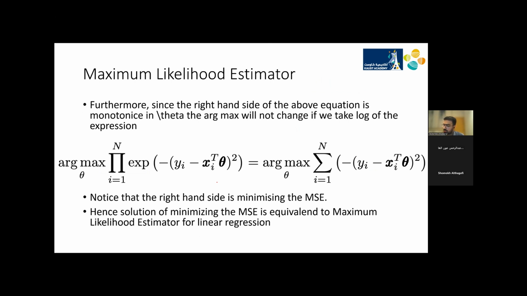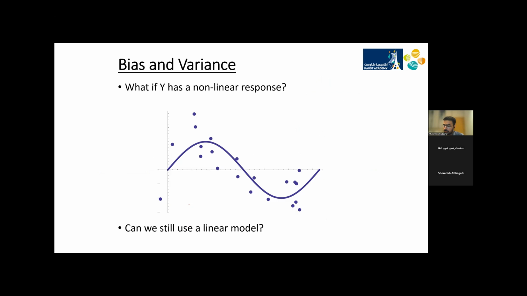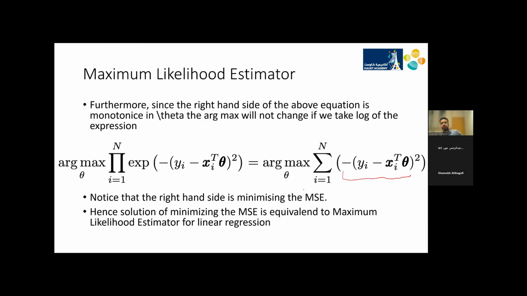And as you might notice, this is just the same as the mean squared error. The whole point of this is that the whole of deep learning, or the whole machine learning actually, is based on this maximum likelihood estimation. Even neural networks are maximum likelihood estimators.